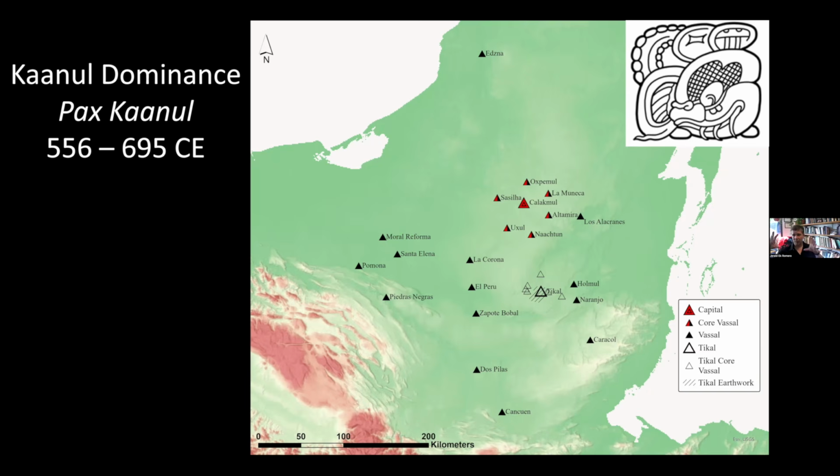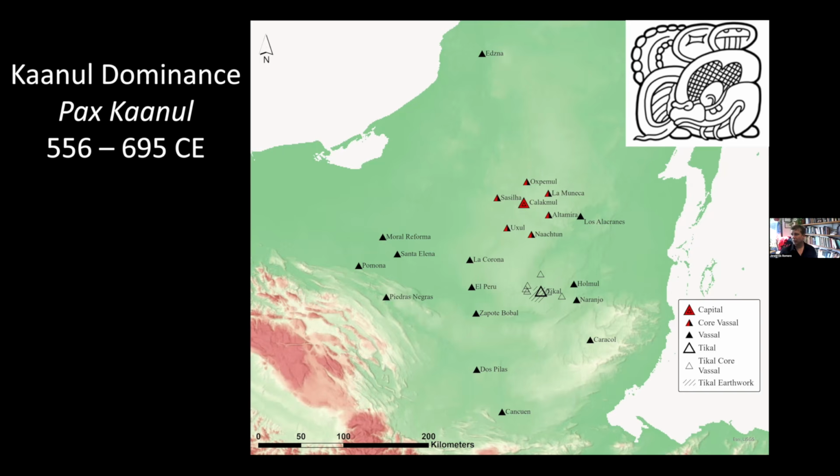It echoes the idea that Joyce Marcus and Willey Folan presented back in the 70s, 80s, and 90s, that this was a regional state. It highlights the relationship between an imperial capital, like a metropole, with areas in its immediate political orbit, and then we get different dynamics with more distant polities.